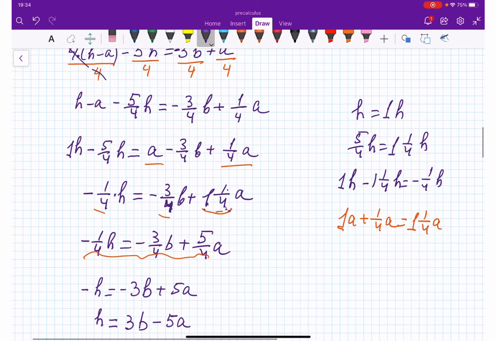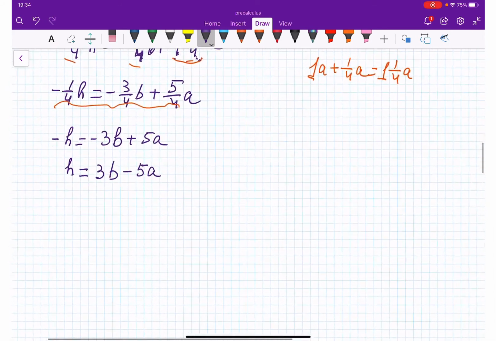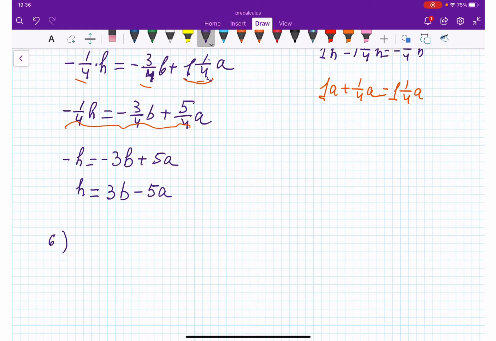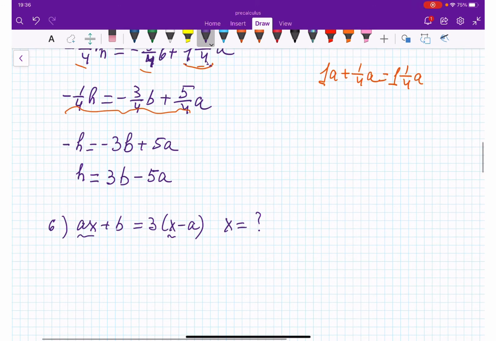Which number was that? 5. So next one is going to be number 6. We have AX plus B equal 3 times X minus A. And we need to find X. Okay, first of all, we see here we have X and here we have X. So I have two choices.